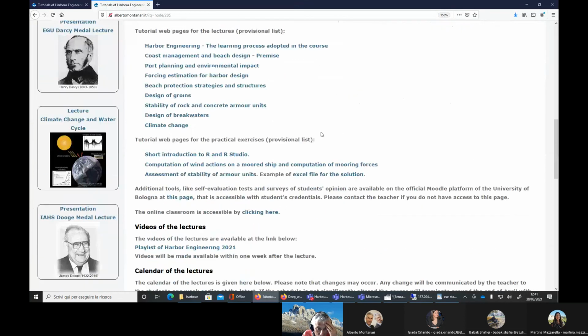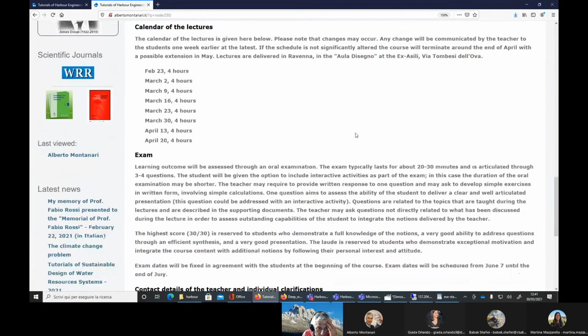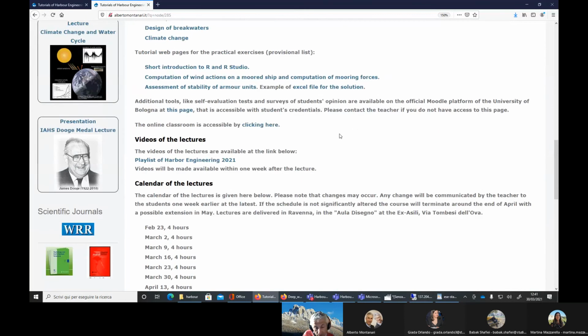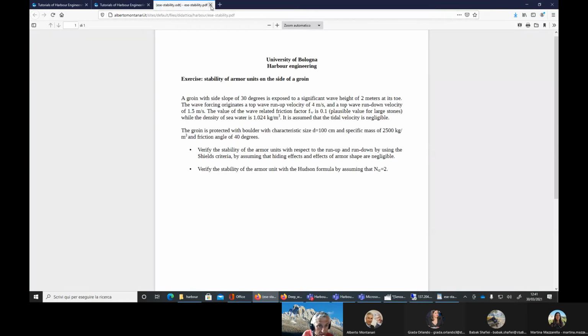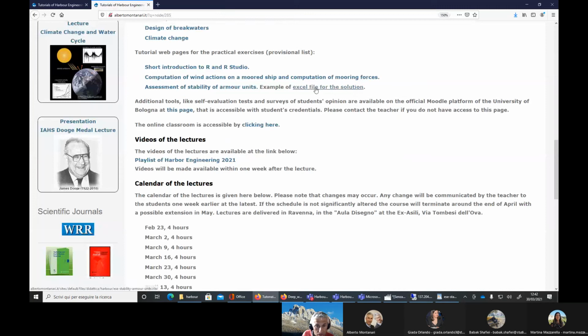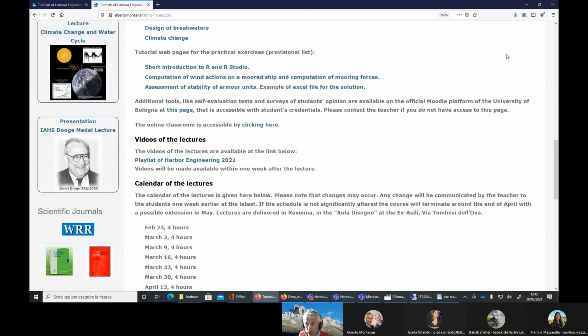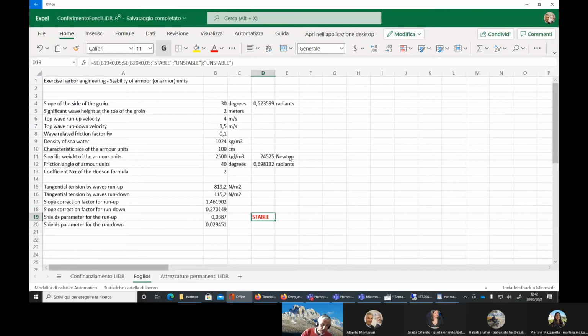For teaching, I use the mirror because the visualization is larger in the mirror. Let me see if it works. Yeah, you see that the links on my website, the original one, already work. So this is the Excel file, which is available. I'm not opening it because I want to save time. So it's the same that I am doing here.